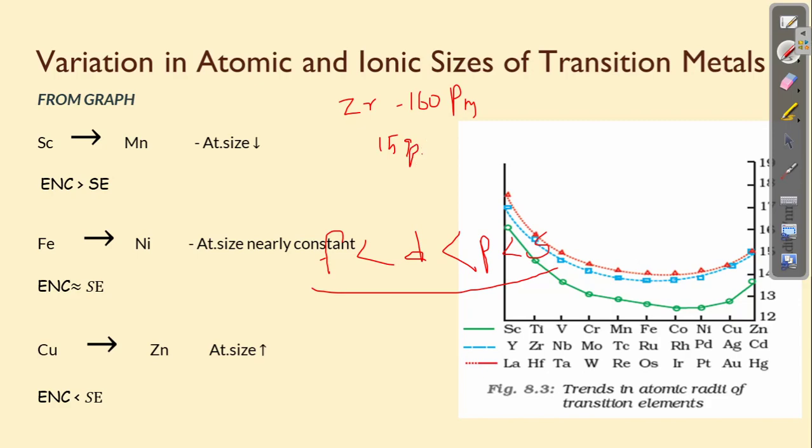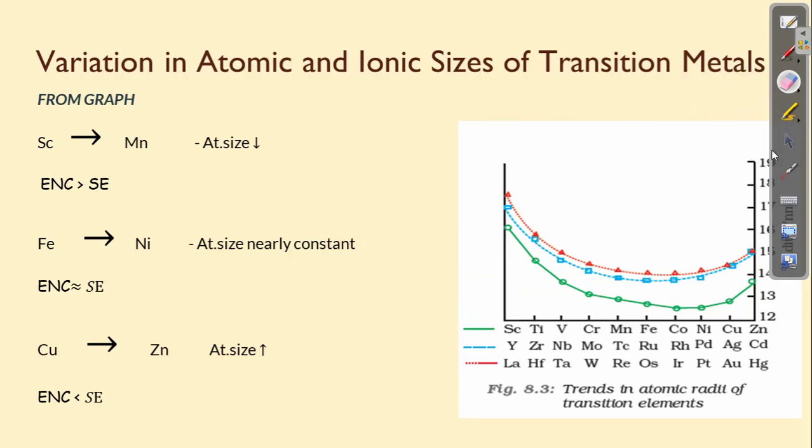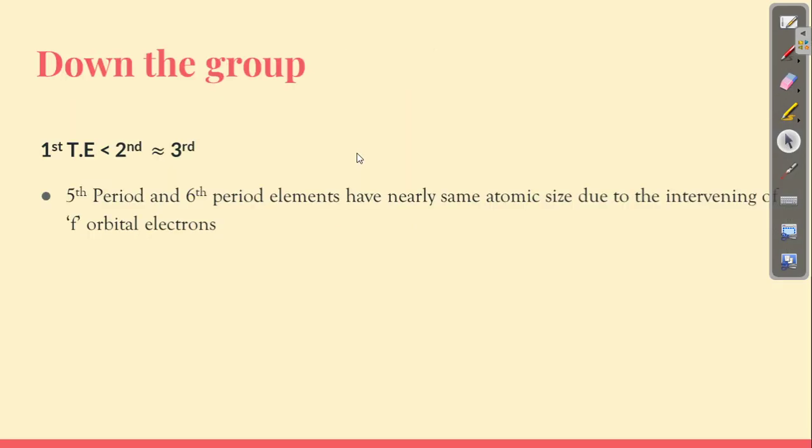So from this we can say that the second and the third transition series have almost the same atomic radii. Okay, so this is understood about atomic radii.